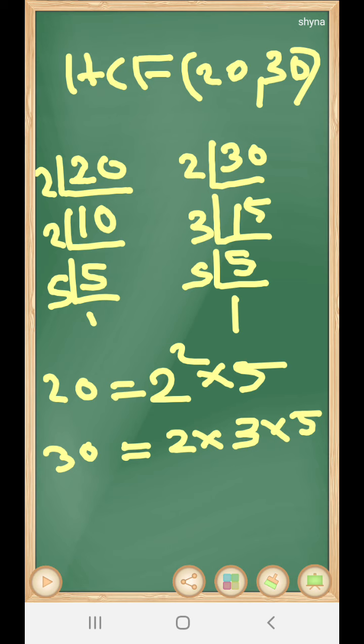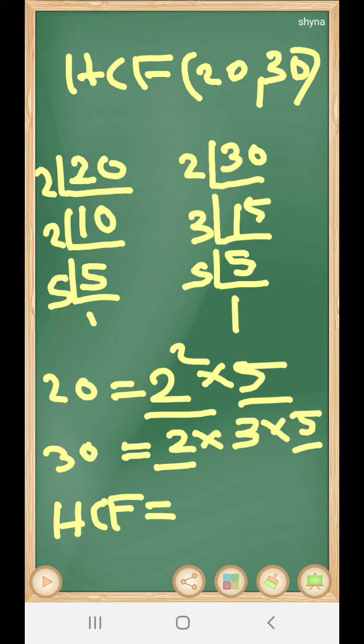Then what does HCF mean? Highest common factor. From this we have to find the common factors. 2 is common in both and 5 is also common in both. To find the HCF, we multiply the common factors.